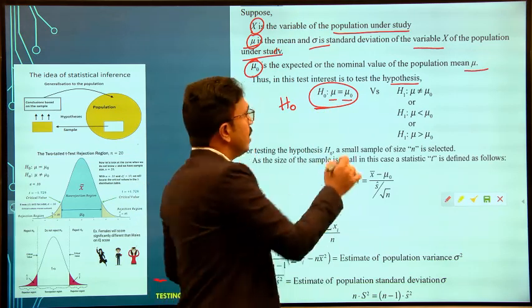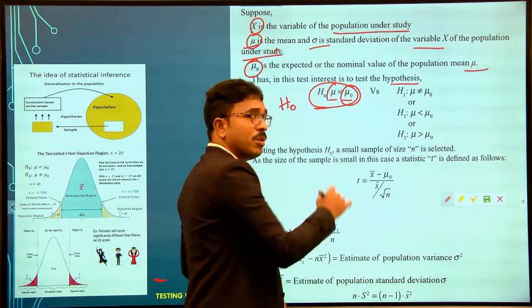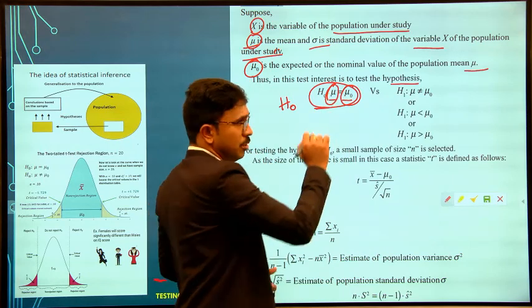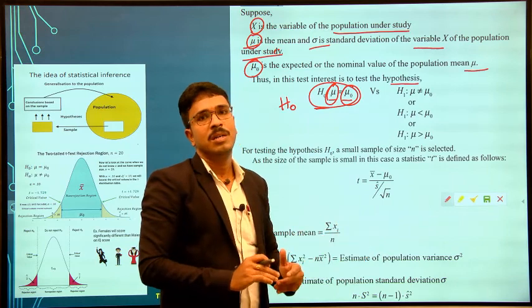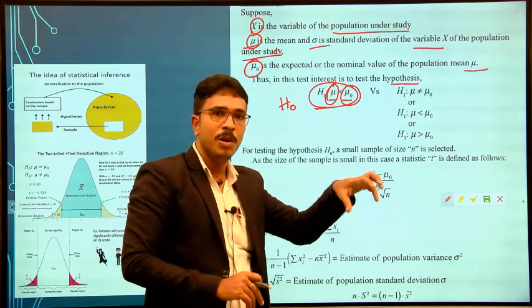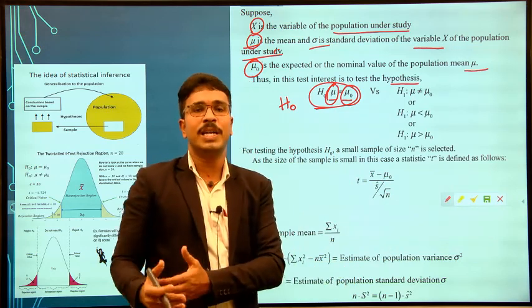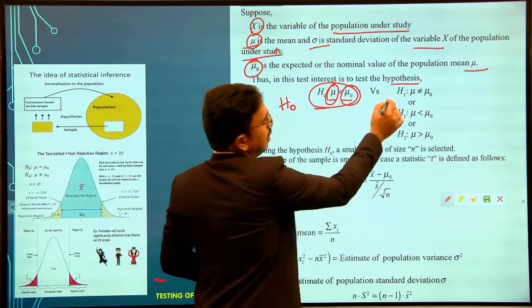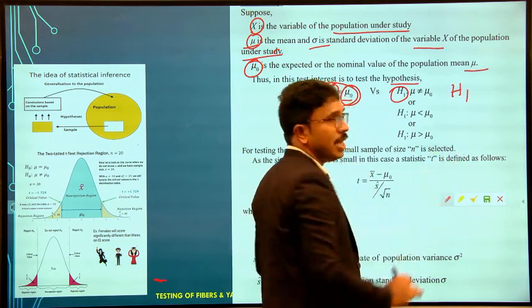That means the expected value of the population is the same as the values we get from the sample measurement. Understand how we set our null hypothesis. And how do we represent the alternative hypothesis? We represent it with H1.